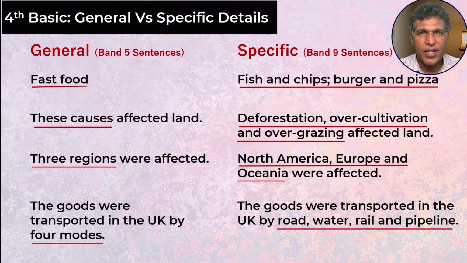General details are like saying I met someone. Specific details are like saying I met Ed at the airport. Which one sounds better? If you don't get it the first time, just replay this section. So you may have noticed that this fourth basic is very important. Now let's move on to the fifth basic.